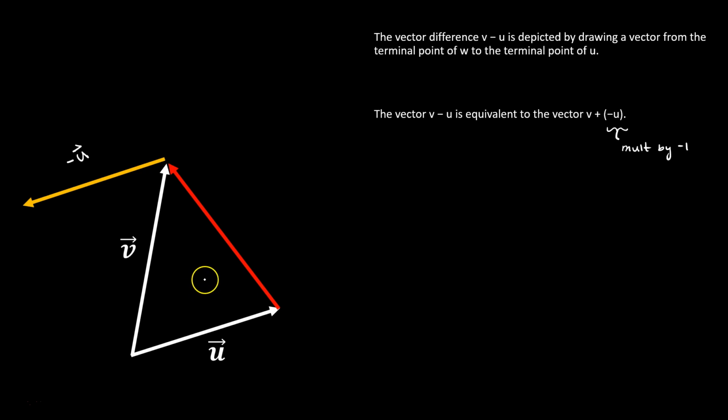But if you want to use the shortcut where you just connect the tips, then you have to make sure to remember that the difference vector should always point in the direction of the vector that you are subtracting from. So if it's v minus u, then I need to make sure to point my vector towards v.